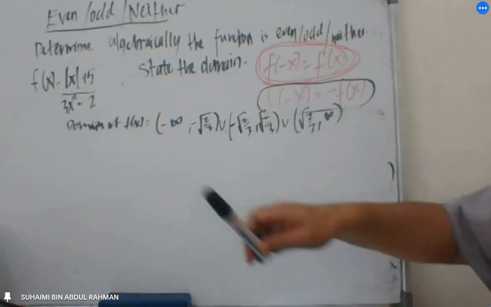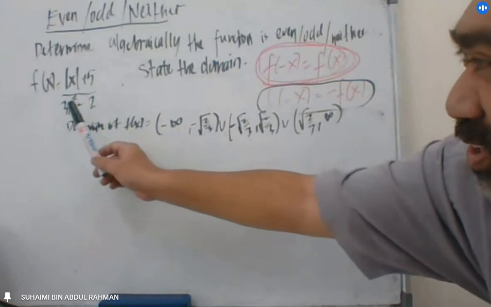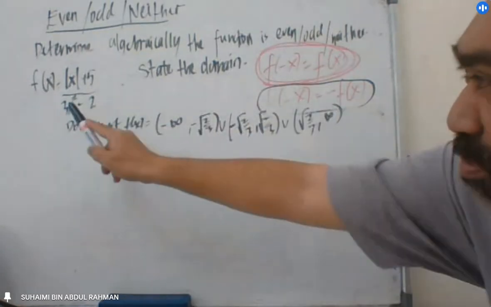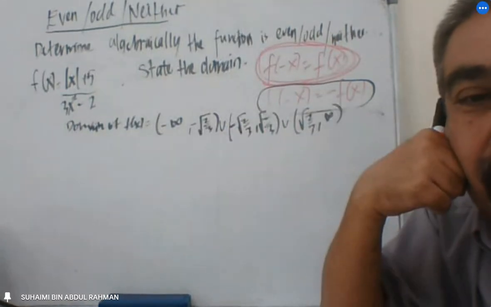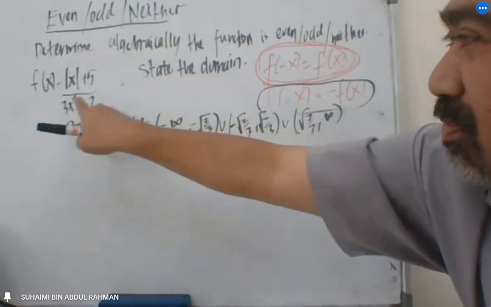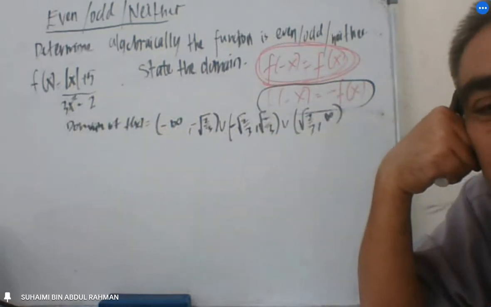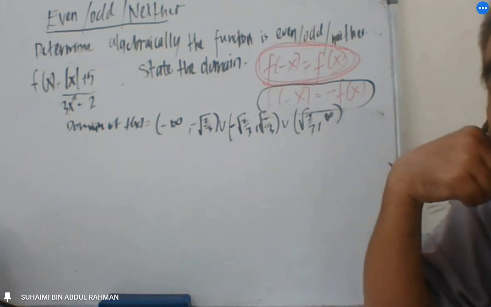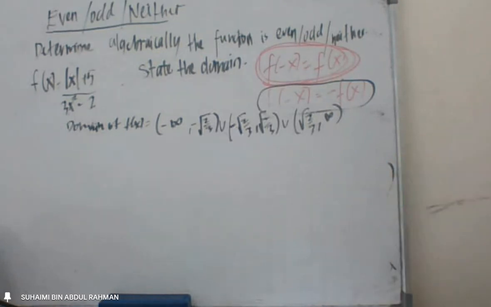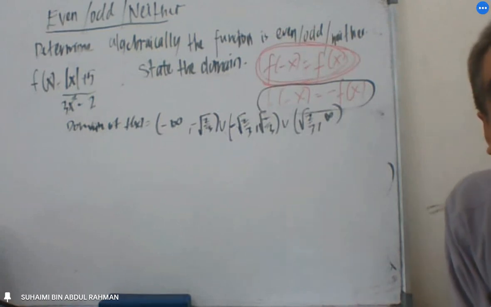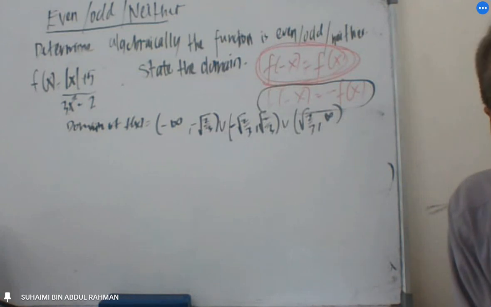Because of the numbers here, 2 and 3. From these numbers we can see what number makes it 0. If let's say here it is 5 and 2, then it is square root 2 over 5. Okay. Every unclear point, you ask.